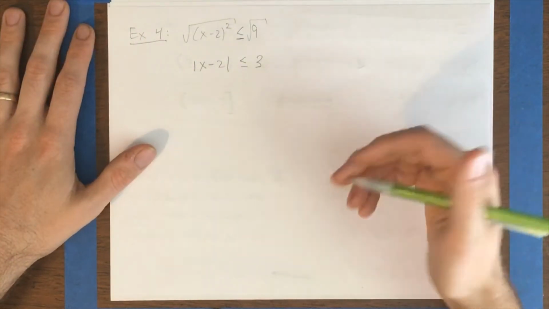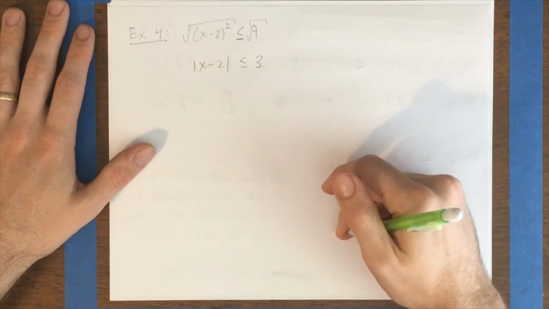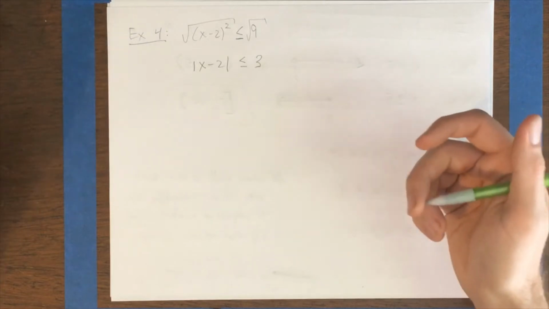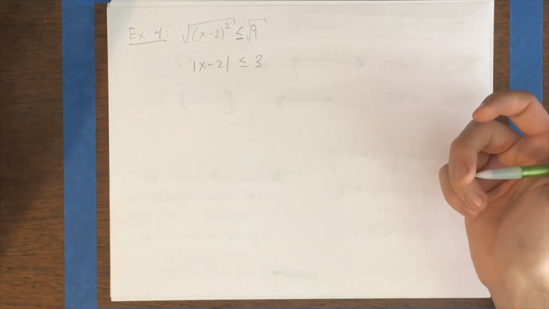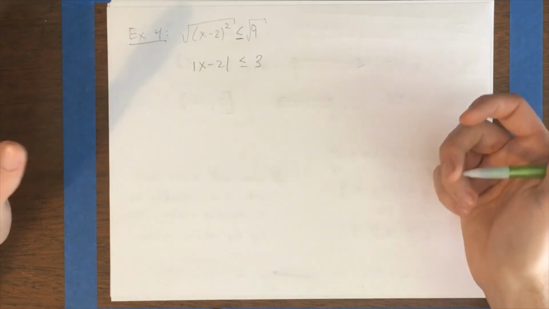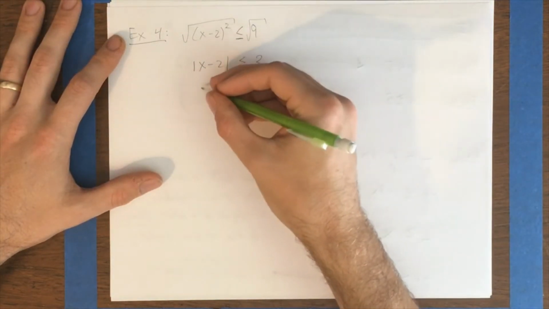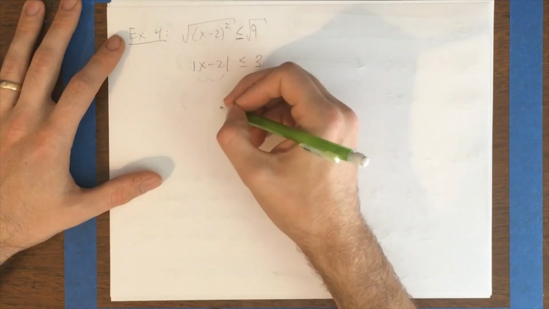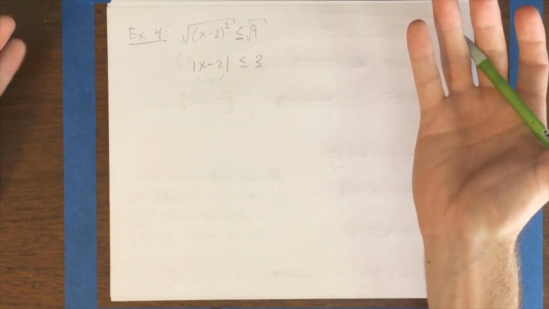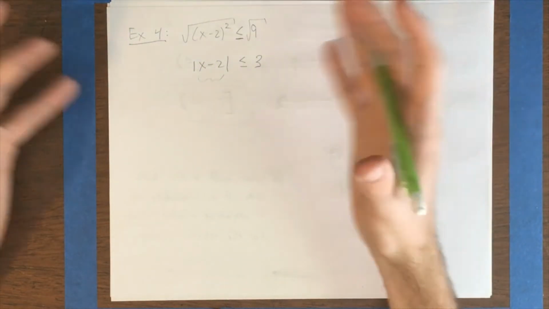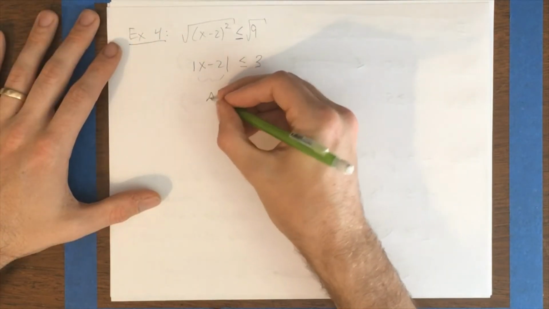So now we have to remember how to deal with inequalities involving absolute values. The way I like to think of that is, let's take this x − 2, which is an algebraic expression, so it's a number. Let's compress that into a single symbol and just call it a.